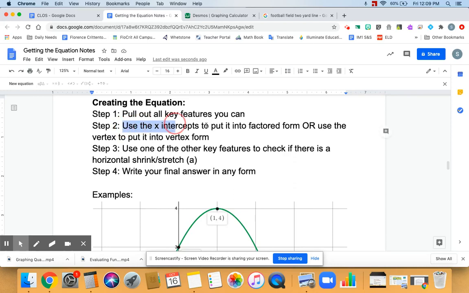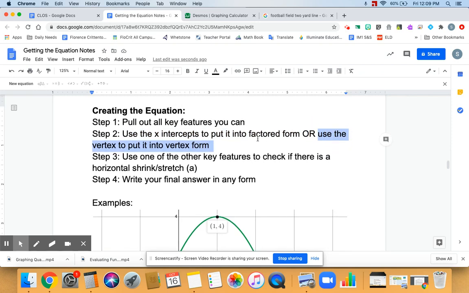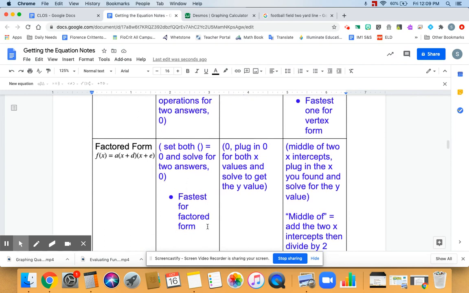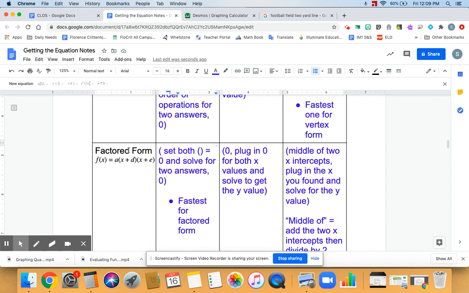Step 2 is use the x-intercepts to put it into factored form, or use the vertex to put it into vertex form. So here's the interesting thing. Factored form, see how you can solve for the x-intercepts really fast? It's the fastest one. That means I could use them to make factored form too.